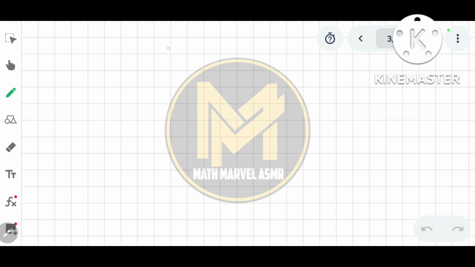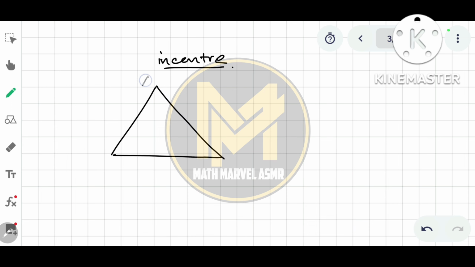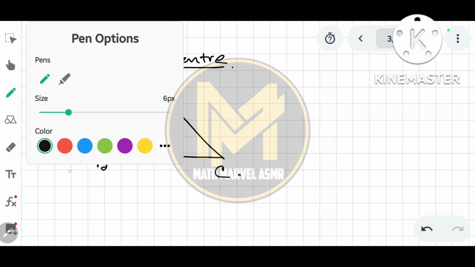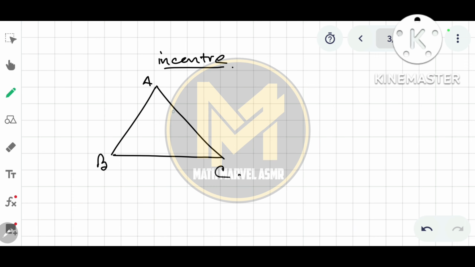Now let's learn the topic incentre. What is incentre? First draw a triangle. This triangle is ABC. Here three angles are there. Now we will draw the angle bisectors of each of the angles.